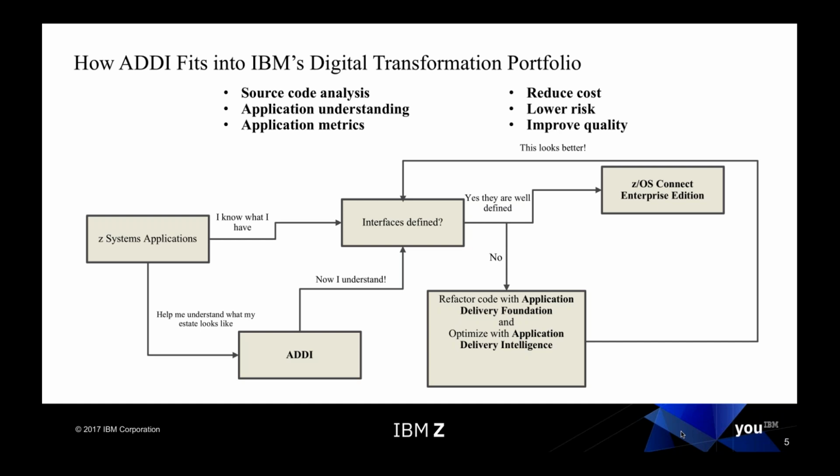Then you can easily expose your business layer as an API with something called z/OS Connect Enterprise Edition that IBM has. z/OS Connect can take a copybook and convert it, and it has easy tooling which helps to create JSON schemas out of it.